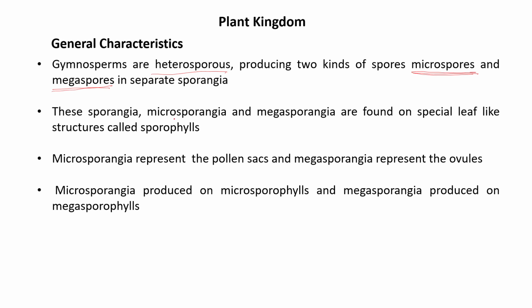These are present in sporangia. Microsporangia and megasporangia are found on special leaf-like structures called sporophylls.